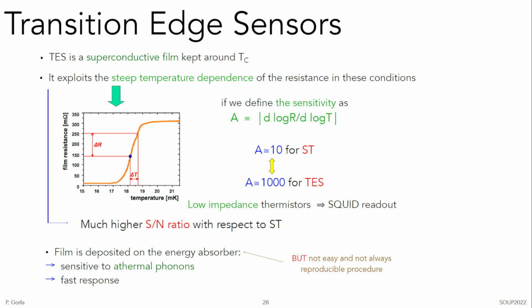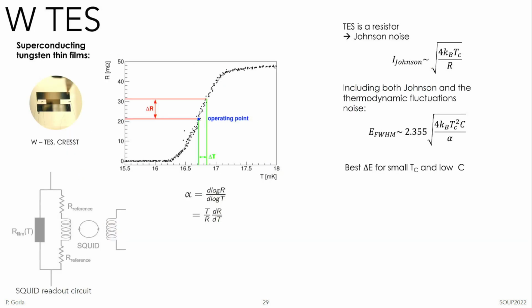And of course, this part, the deposition, is a tricky operation and is not always extremely reproducible, so you may need to characterize each individual deposition to be sure that you are in the proper temperature range. This is an example of a tungsten transition edge sensor.